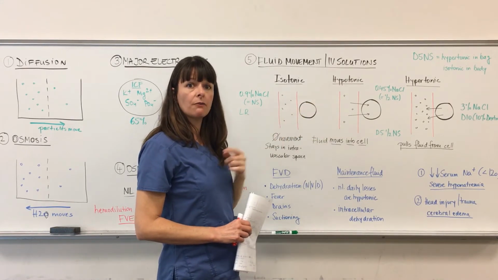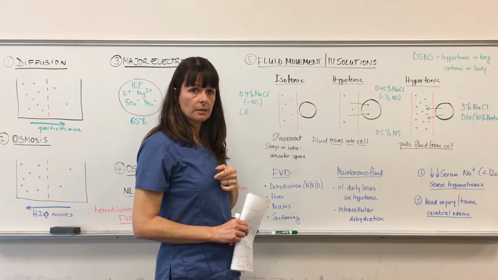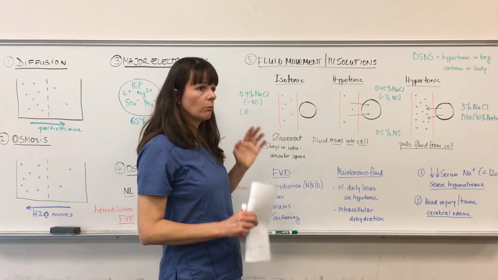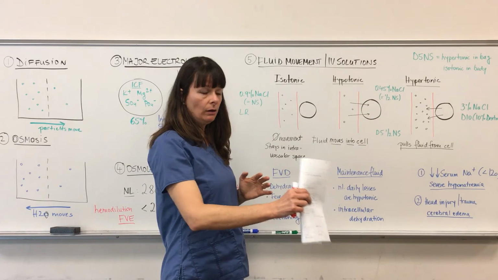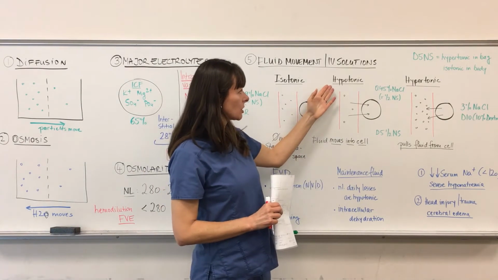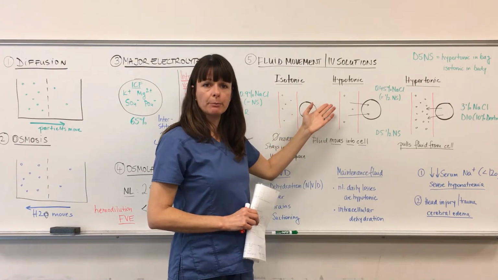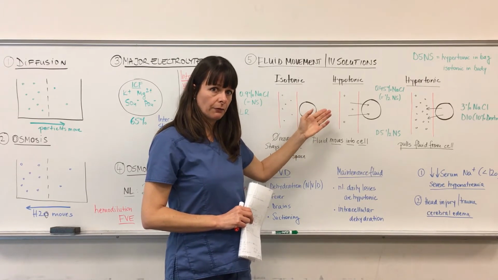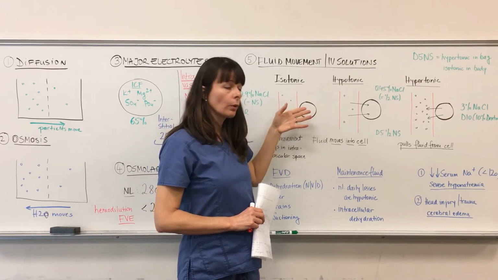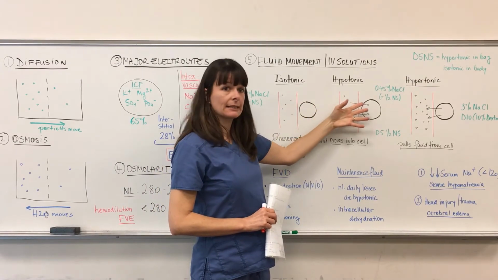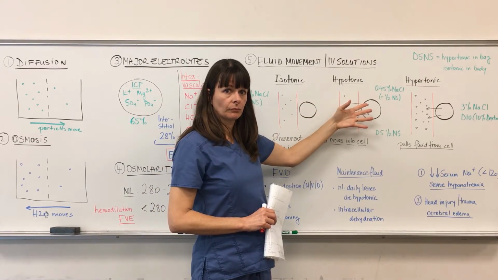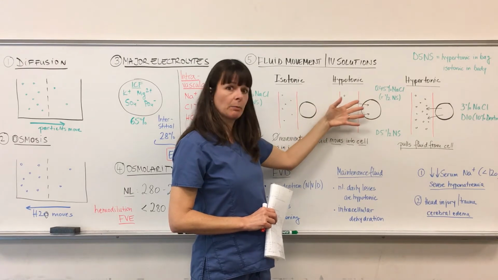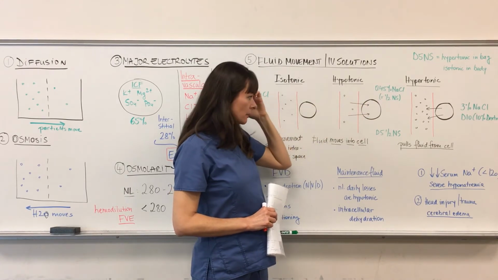By the principle of osmosis, as we have discussed earlier, osmosis will move water in and out of the cell. And because we're giving the patient a hypotonic solution, meaning the particles are less than the fluids that we're giving them, fluid will move inside the cell, because again, the body is striving for homeostasis.